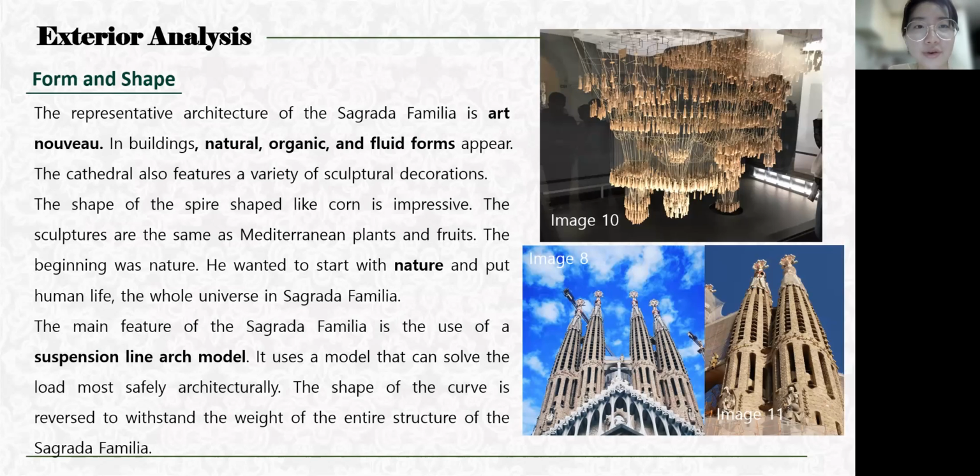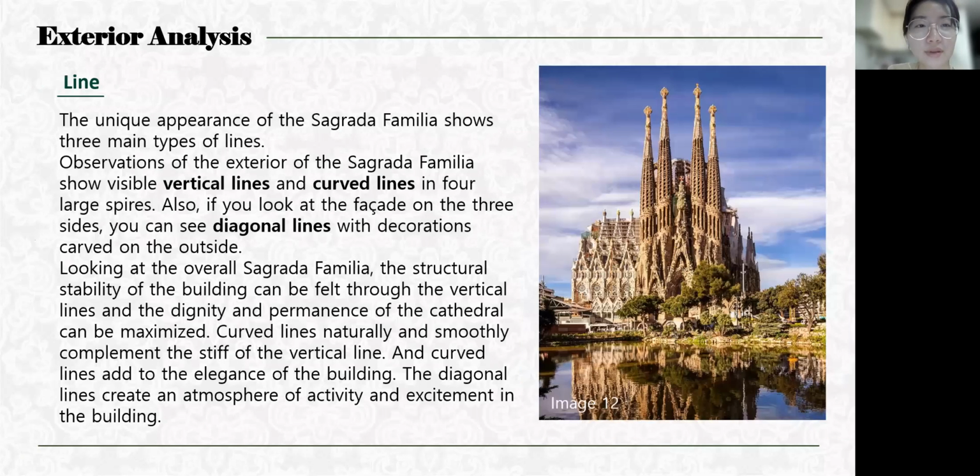The main feature of the Sagrada Familia is the use of a suspension line arch model. The unique appearance shows three main types of lines: vertical lines, curved lines, and diagonal lines.